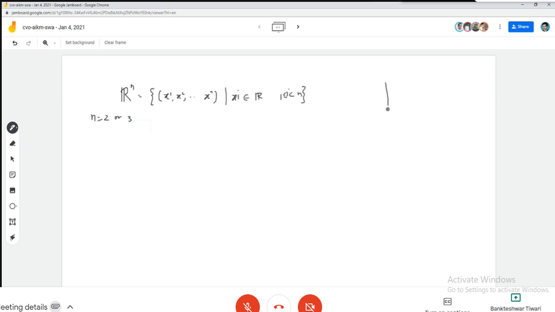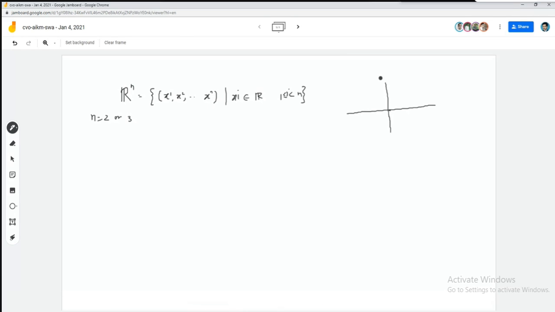In n equal to 2, you can think of R2 as the points of this plane, so that this is your x1 axis or x-axis, this is your y-axis. And in 3 dimensions, this is your x coordinate, this is your y coordinate, this is your z coordinate.